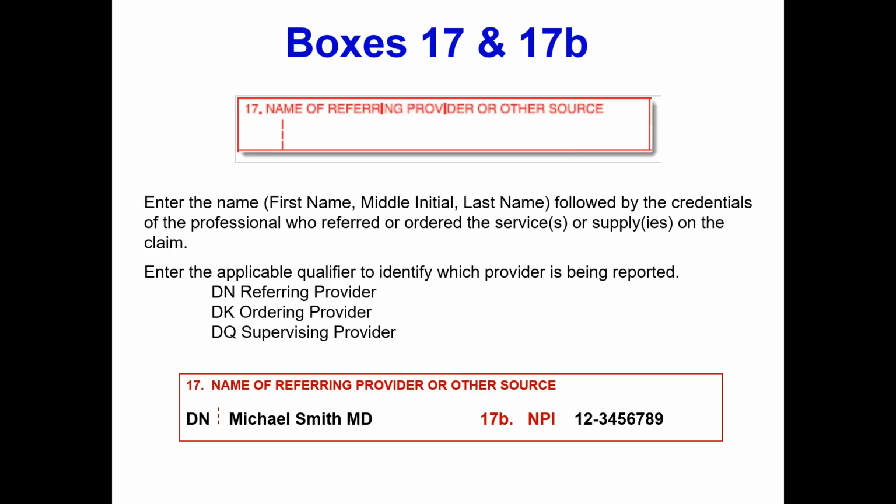Some Medicare plans want the name of the chiropractor in 17, even though the chiropractor didn't get a referral. The patient wasn't referred by another provider. The patient just walked in off the street. Some Medicare plans want the chiropractor's name in 17. And then you want the provider's name in 17, and then that provider's NPI number in 17B.